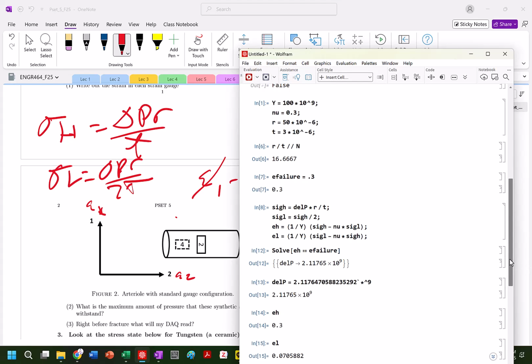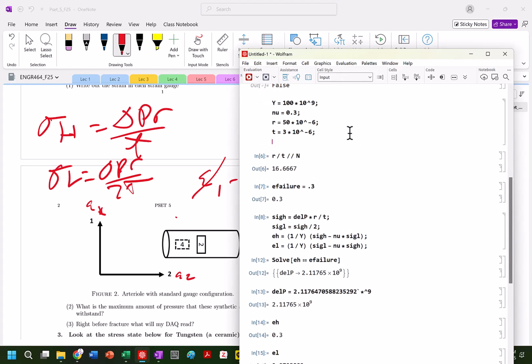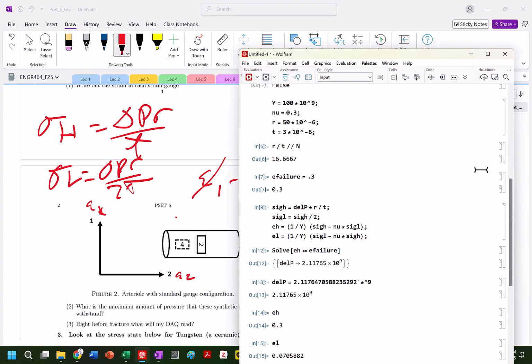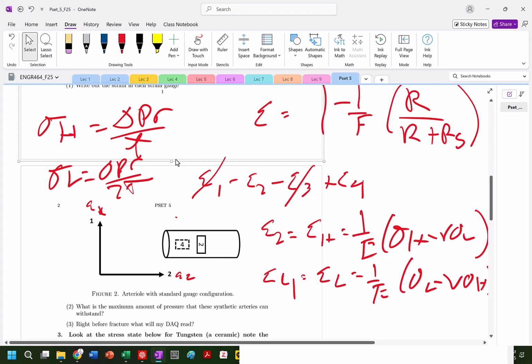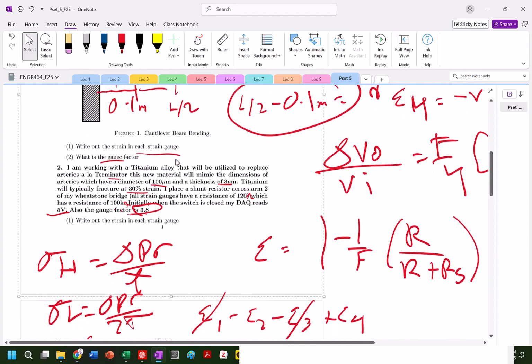We know that E2 equals EH and E4 equals EL. Excellent. So right before fracture, what will my DAC read?